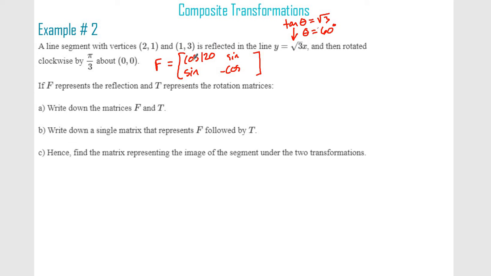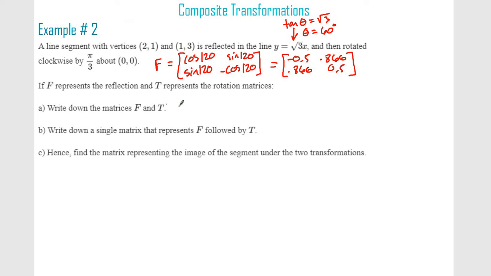This angle is 60. What goes in here is 2 theta. Ugh. I hope you guys had that right. Okay, so then that's your reflection matrix. So we could round that if we wanted: 0.5, 0.866.